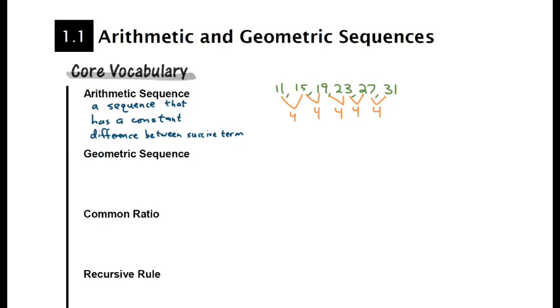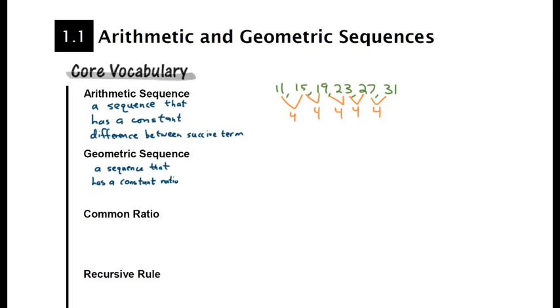Okay, a geometric series is very similar to an arithmetic series, but a geometric sequence, I'm sorry, is a sequence that has a constant ratio.